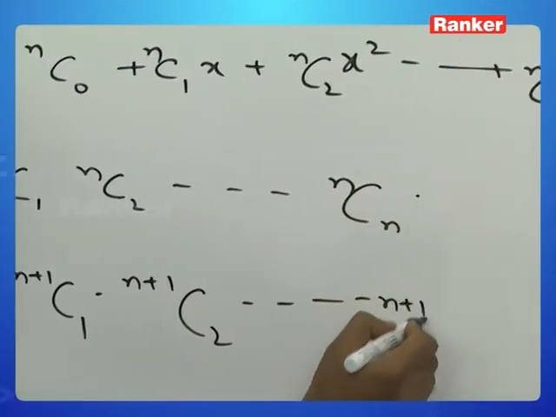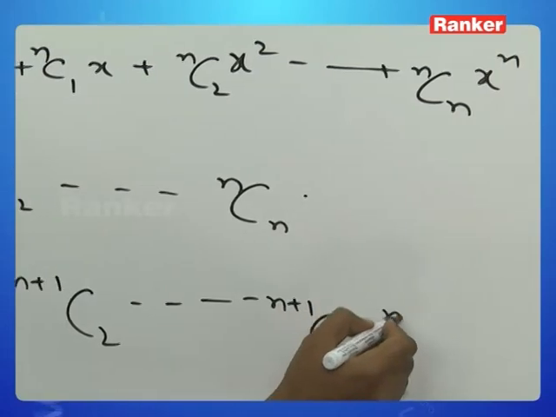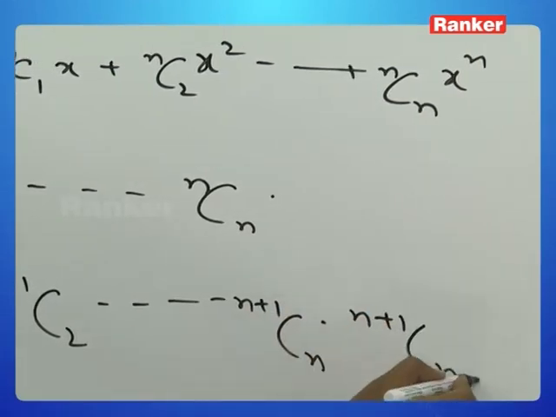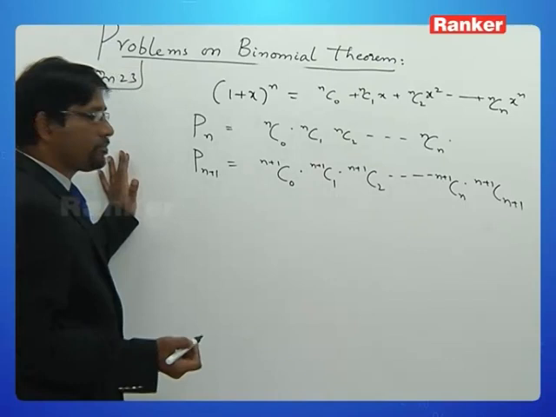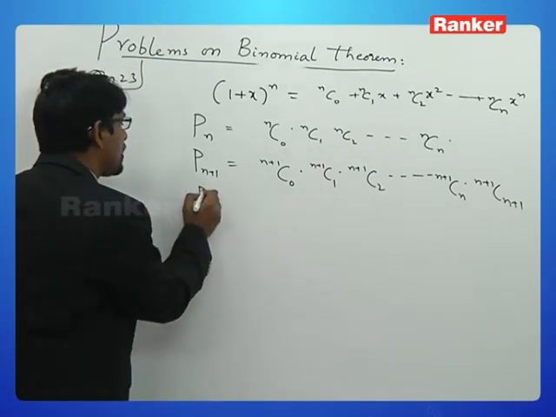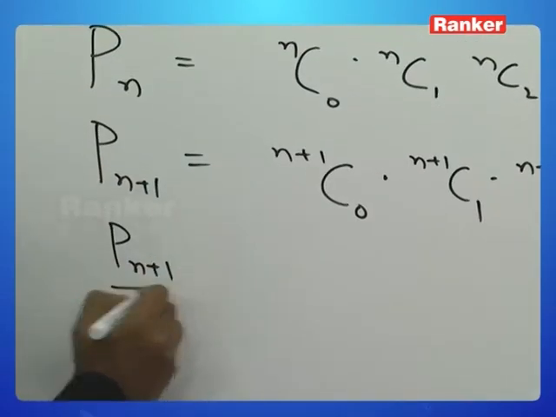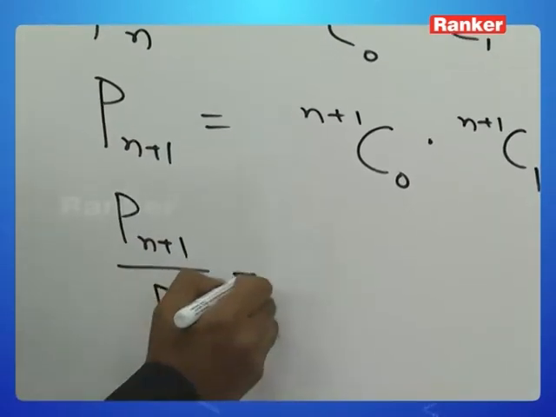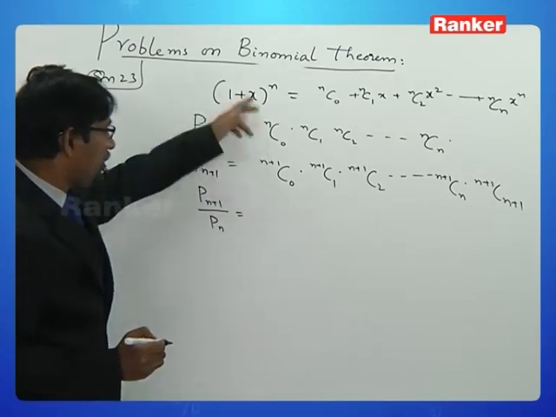You will have (n+1)Cn definitely, and in addition we will have one more binomial coefficient, that is (n+1)C(n+1). Now what you are interested in is P(n+1) by Pn. This divided by this.